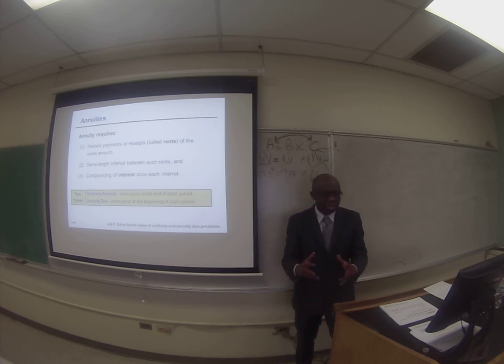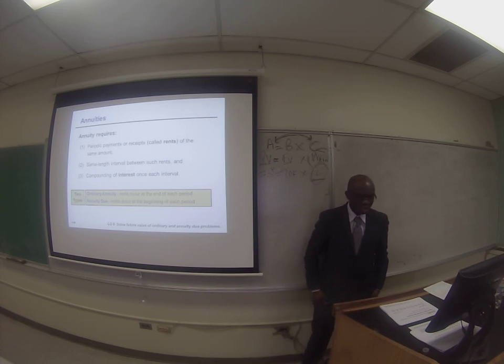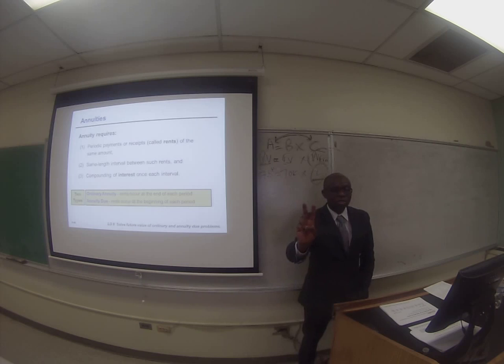Then the third element is the interest has to be compounded each interval. In other words, we're not talking about simple interest, we're talking about compound interest. Now, we have 2 types of annuity. We have ordinary annuity, we have annuity due. Ordinary annuity simply means that the first payment or the first receipt is due at the end of each period.